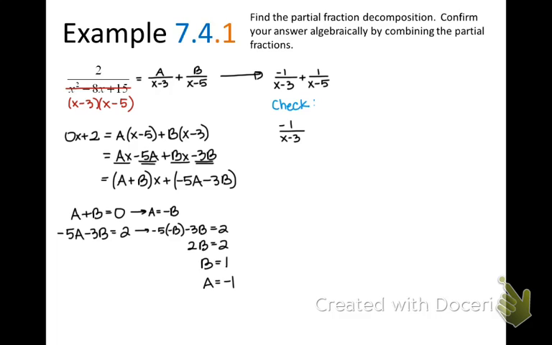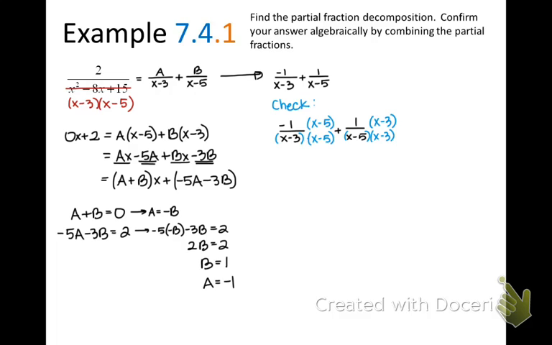What would you do? Multiply it by? Right, you would be multiplying the top and the bottom by x minus 5 to force the common denominator, right? Okay? And then what would you do to the 1 over x minus 5 piece? Yep, you'd be multiplying that one by x minus 3 over x minus 3, right? So that they both have the common denominator and you can put them together.